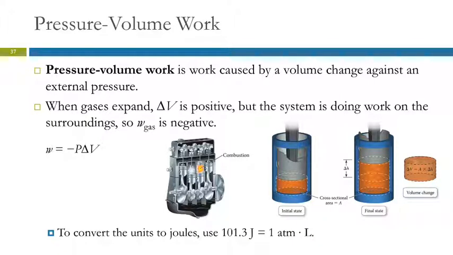I don't expect you to remember that conversion, but try to remember that it exists. 101.3 joules. And that is the same number associated with the Pascal conversion to atmospheres. Atmosphere times liters.